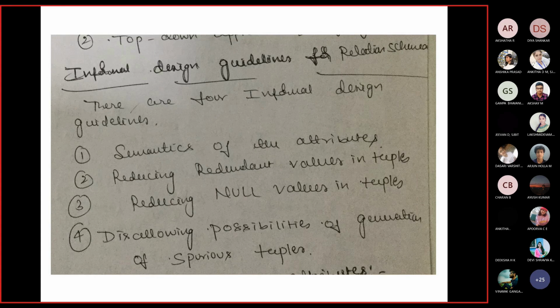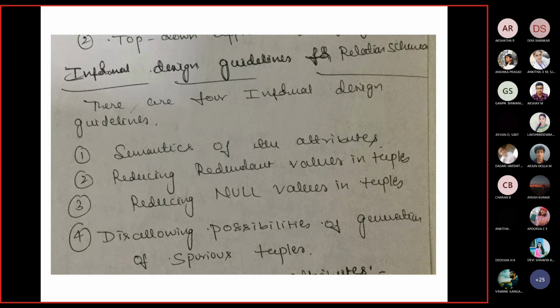Now let us see the first one here: semantics of the attribute. Semantics means the meaning of the attribute. The word semantics refers to the meaning of the attribute. Here it means how the attribute values in a tuple relate to one another.